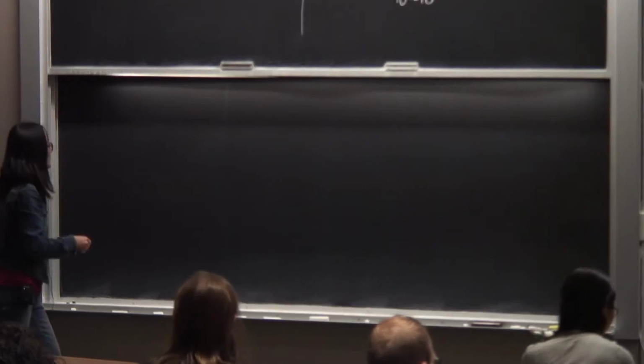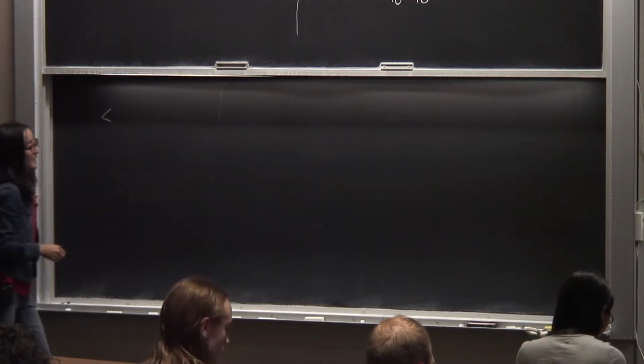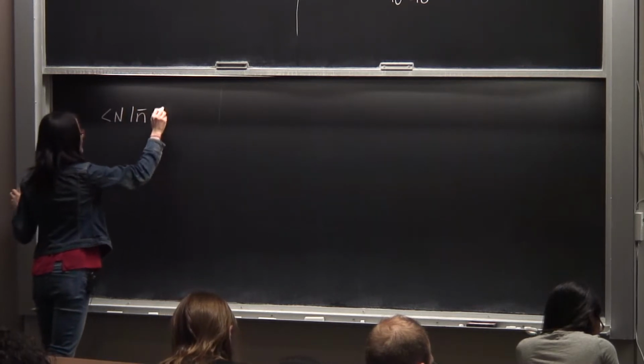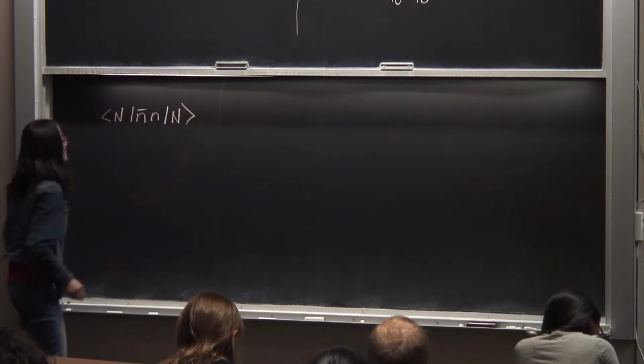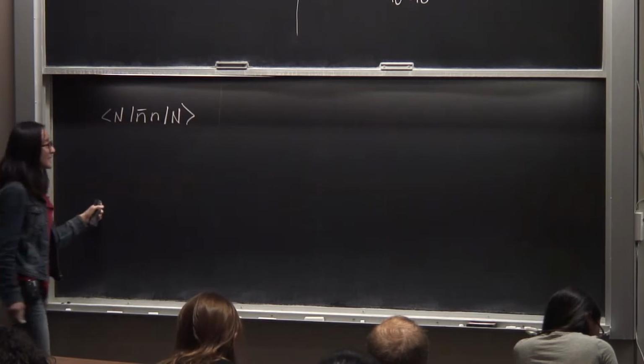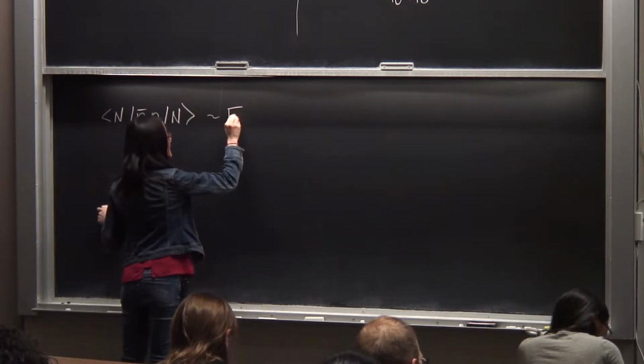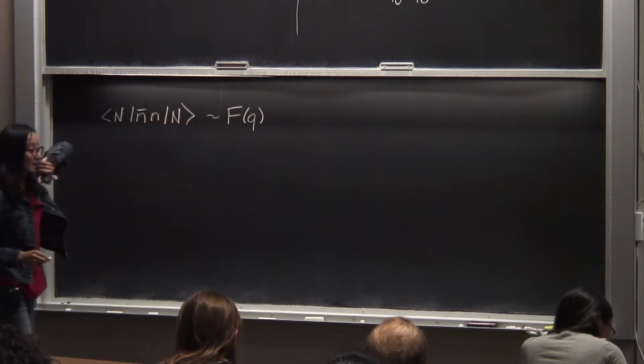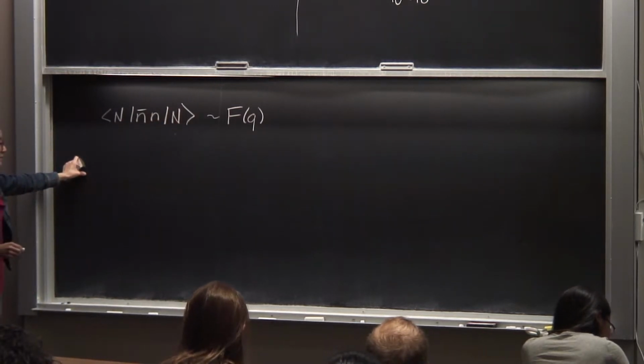I don't want to go into too much detail, but let's just look at the scalar operator as a quick example. Again, I want something like this in the nucleus. It's my big N's. And it's going to give me some sort of form factor. Remember, because the size of the nucleus is comparable to my momentum transfer.